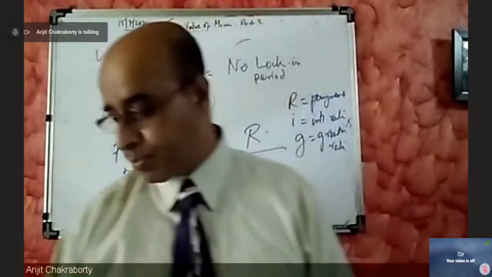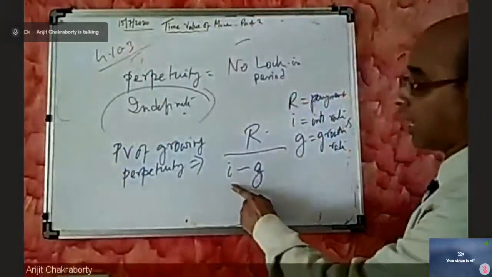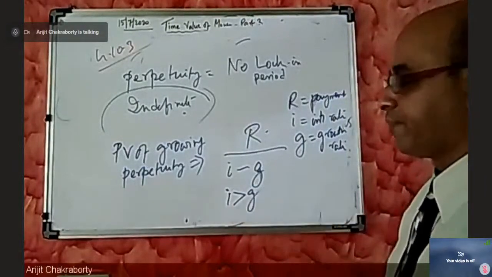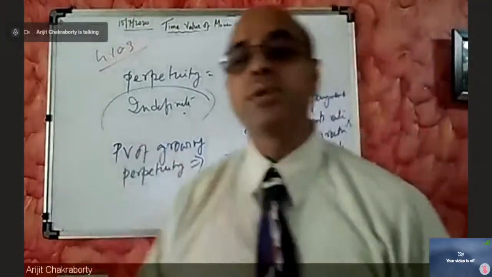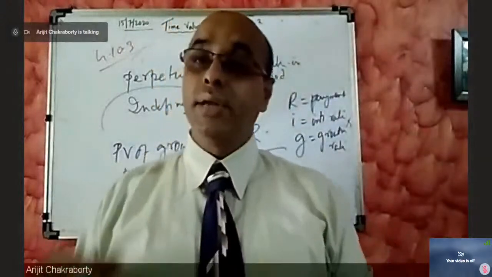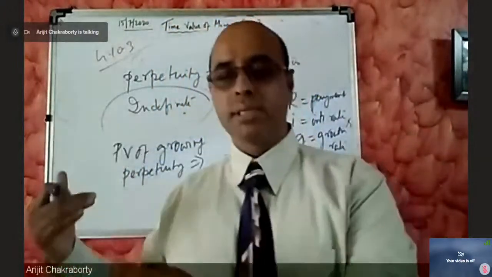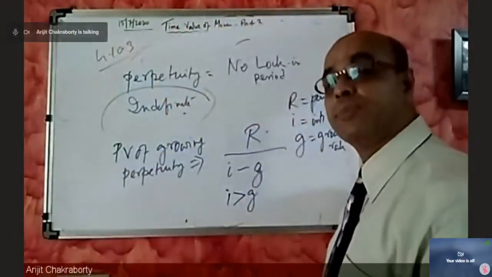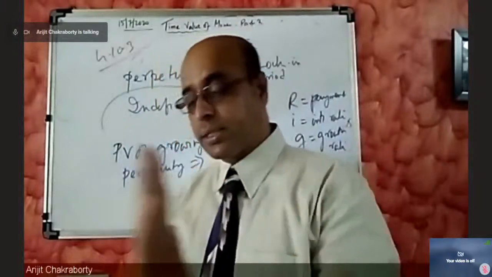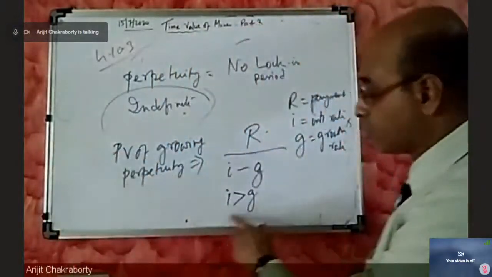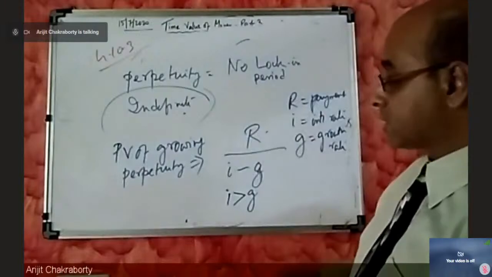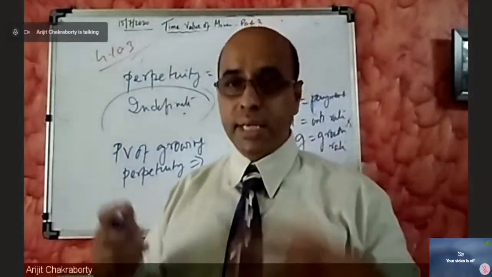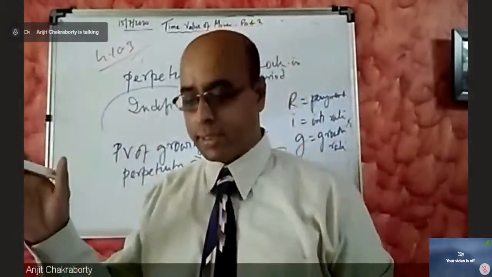So let's do a small example, and always remember, very important, I should always be greater than G. The derivation of the formula is beyond the scope of our discussion, not included in our syllabus. But if you really want to know, it's an infinite geometric series, and there I should be more than G. If I is less than G, then the denominator will become negative, and in theory it will become infinite.